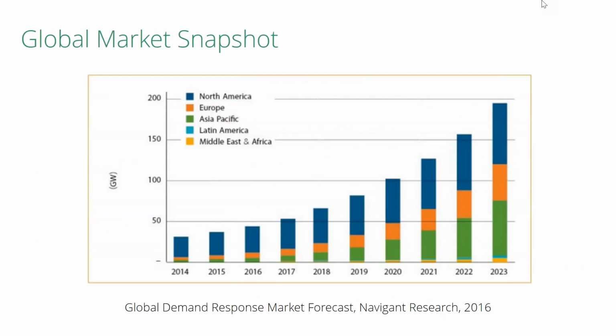Yeah. So having a look at the global market snapshot, you can clearly see here that in North America the demand response market is one of the highest right now, but in the future Asia and the Middle East also have to be taken into consideration when dealing with demand response markets.